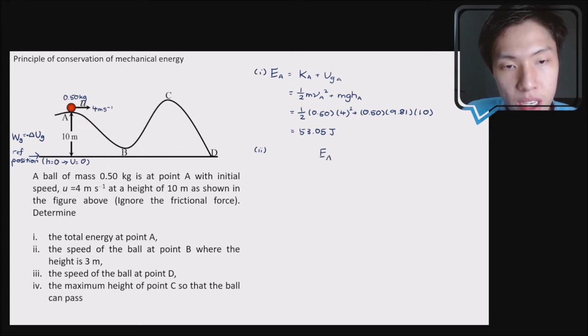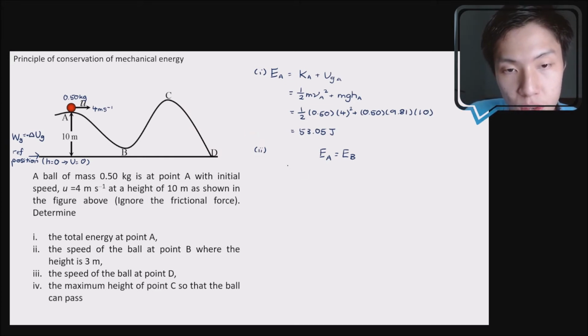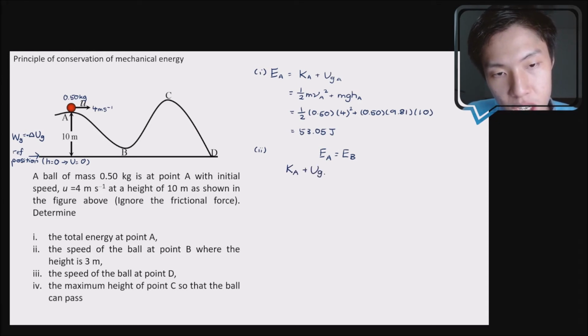So you have mechanical energy at position A is equal to the mechanical energy at position B, because the mechanical energy is conserved throughout the whole journey. So at any point, the mechanical energy should be conserved, should be the same. Okay, so this will be kinetic energy at point A plus gravitational potential energy at point A equals to kinetic energy at point B plus gravitational potential energy at point B. Break it down.